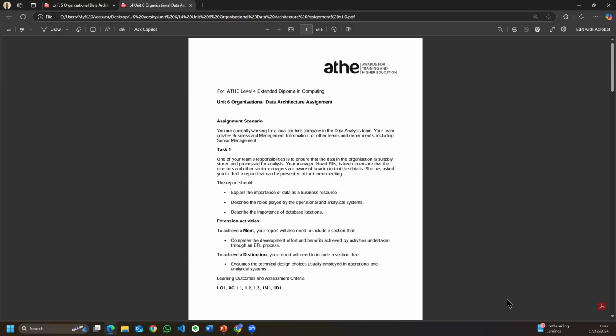Again, we follow a Harvard referencing style, where we need to reference each material, each piece of information that we've searched from books, articles, or any sort of online library.